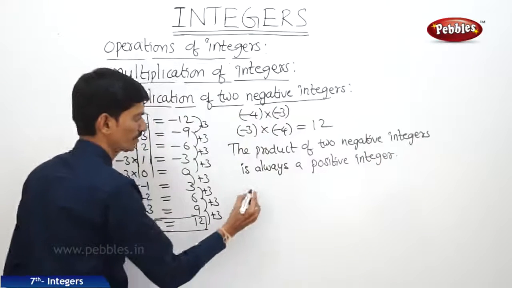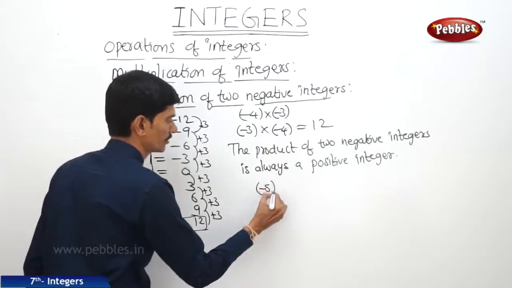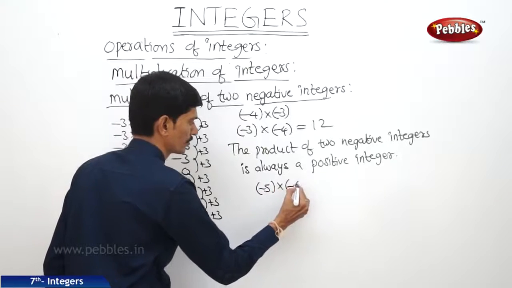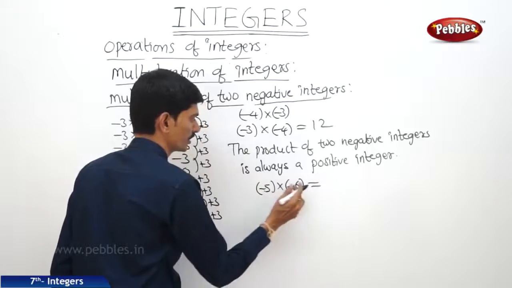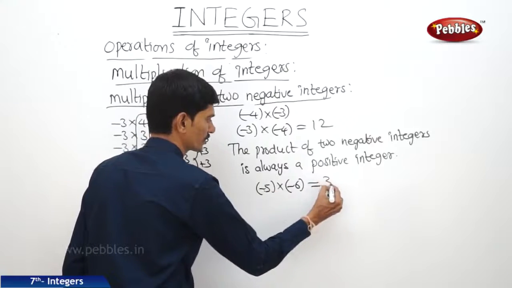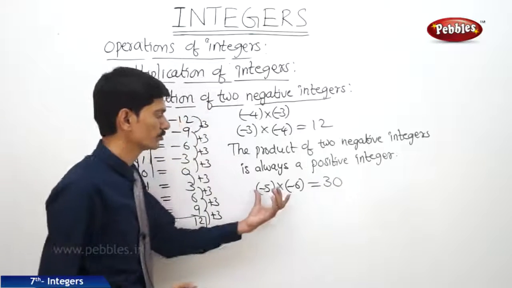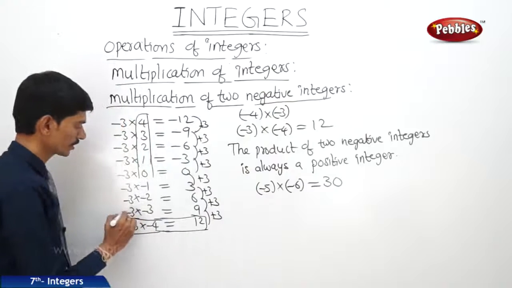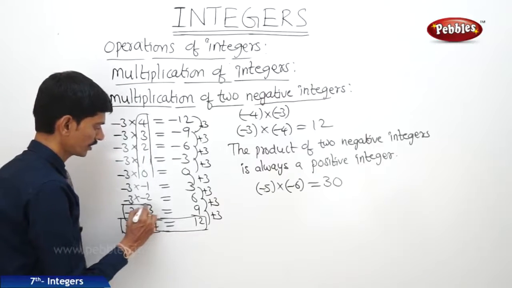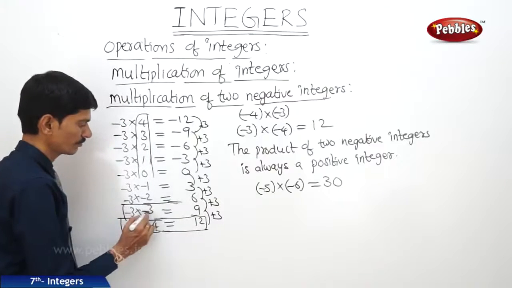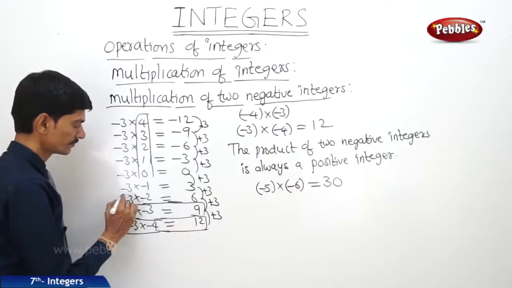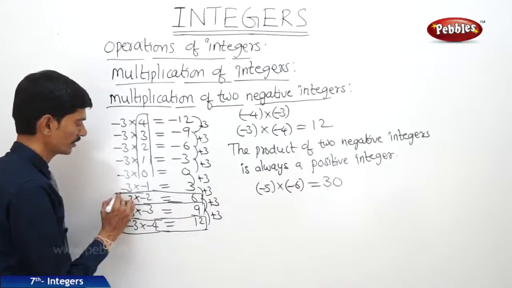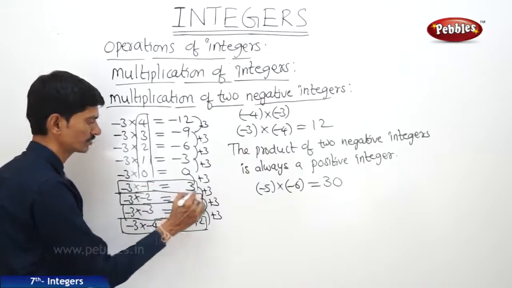When you multiply minus 5 and minus 6, minus into minus is plus, and 5 sixes are 30. So the product of two negative integers is always a positive integer. Even this can be checked in the multiplication pattern: minus 3 into minus 4 is plus 12, minus 3 into minus 2 equals plus 6, and minus 3 into minus 1 equals plus 3.